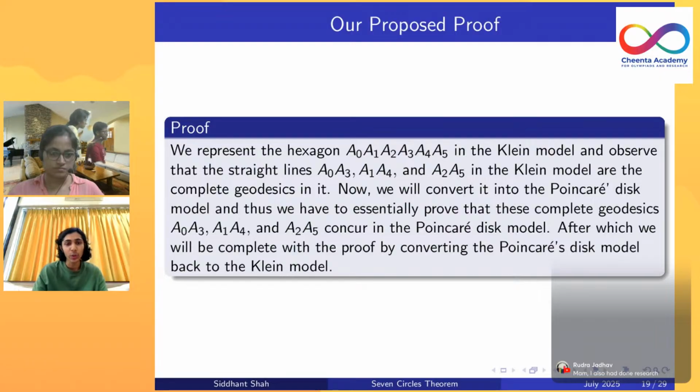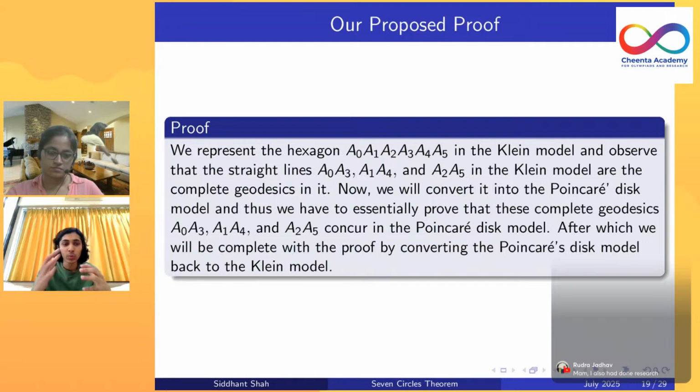We observe that the straight lines A0A3, A1A4, and A2A5 in the Klein model are complete geodesics. Now we convert that into a Poincaré disk model, and we have to prove that the complete geodesics A0A3, A1A4, and A2A5 concur in the Poincaré disk model.